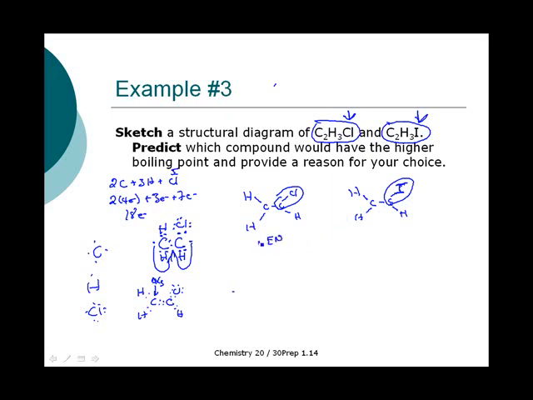So the difference in electronegativity for carbon and chlorine is 2.6 and 3.2. So 2.6 minus 3.2, 0.6. If we look at the difference in electronegativity between carbon and iodine, we get 2.6 minus, and iodine is 2.7.